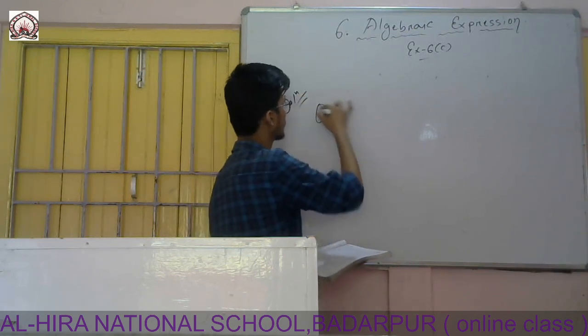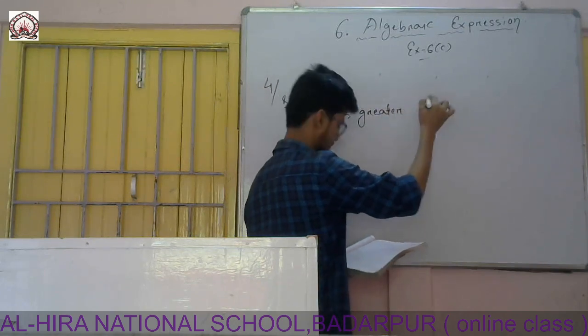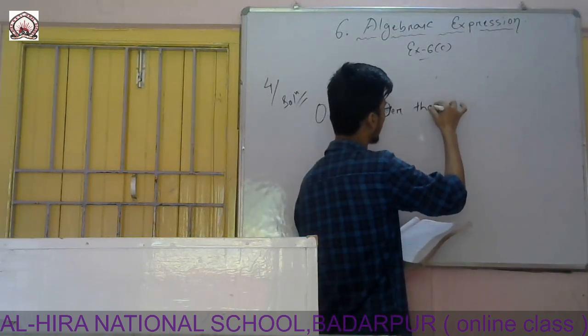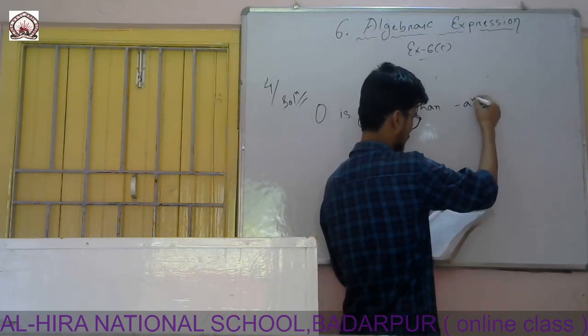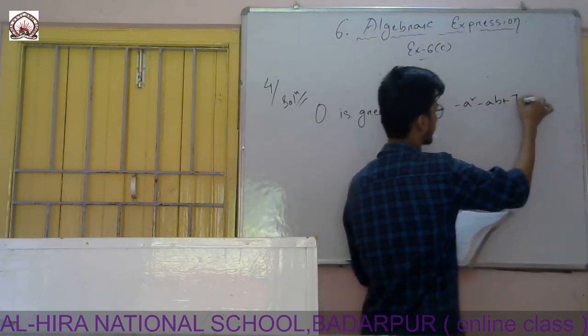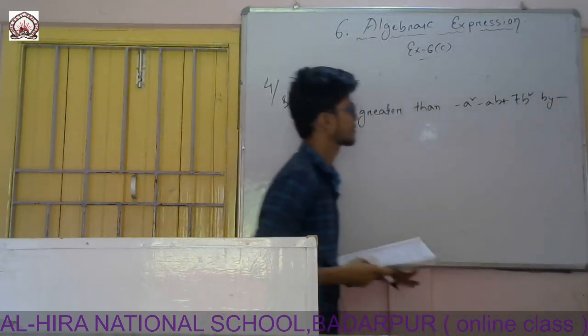Directly you write 0 is greater than minus a square minus ab plus 7b square by, you do the subtraction.